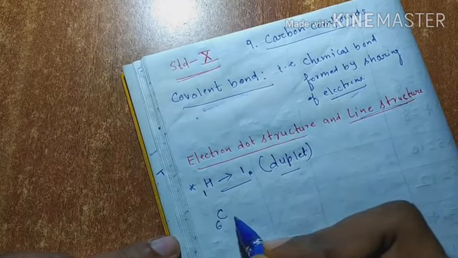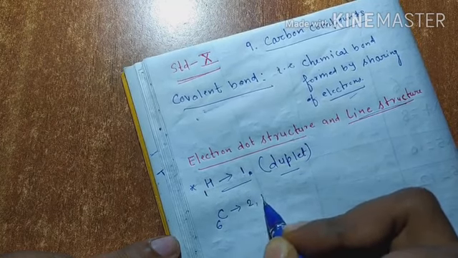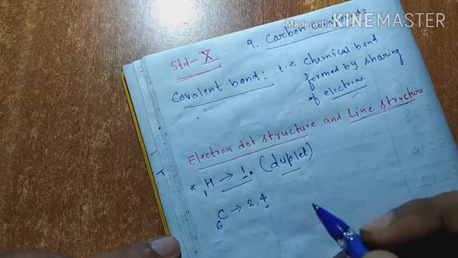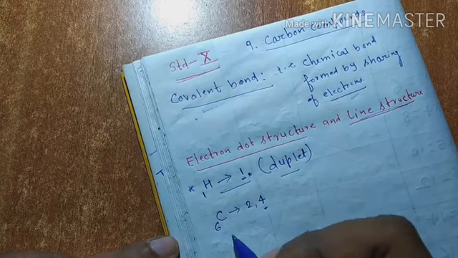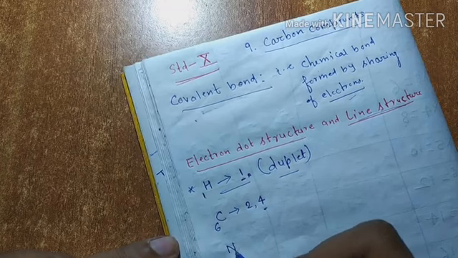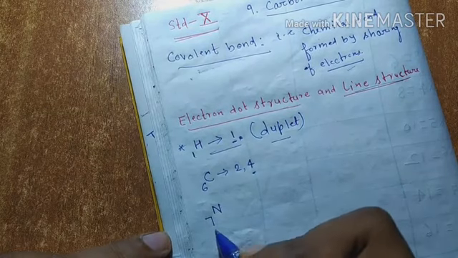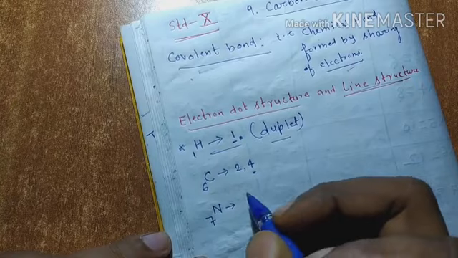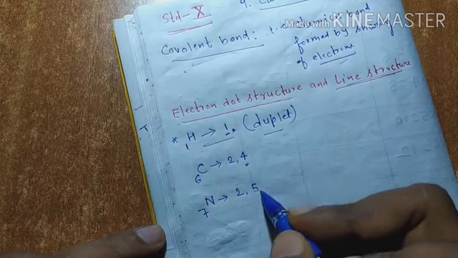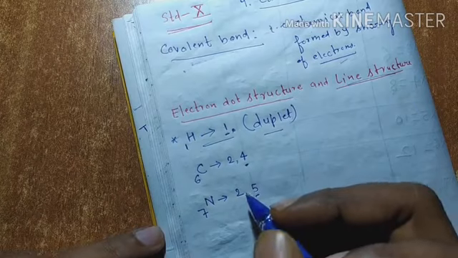Then remember carbon, atomic number 6. Its electronic configuration is 2, 4. So you focus on the valence electron. This is the valence electron. Then nitrogen, atomic number 7, electronic configuration 2, 5, so valence electron is 5; valence electron is 4 in case of carbon.